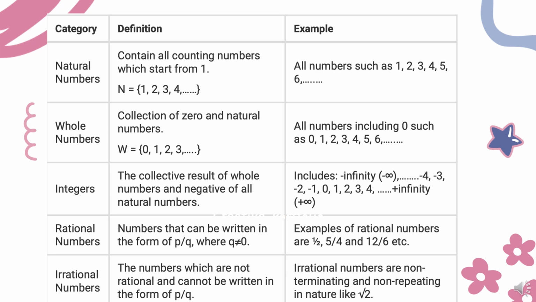For example, 1/2, 5/4, and 12/6. Last, we have the irrational numbers, the numbers which are not rational and cannot be written in the form of p over q. Irrational numbers are non-terminating and non-repeating in nature, like the square root of 2.